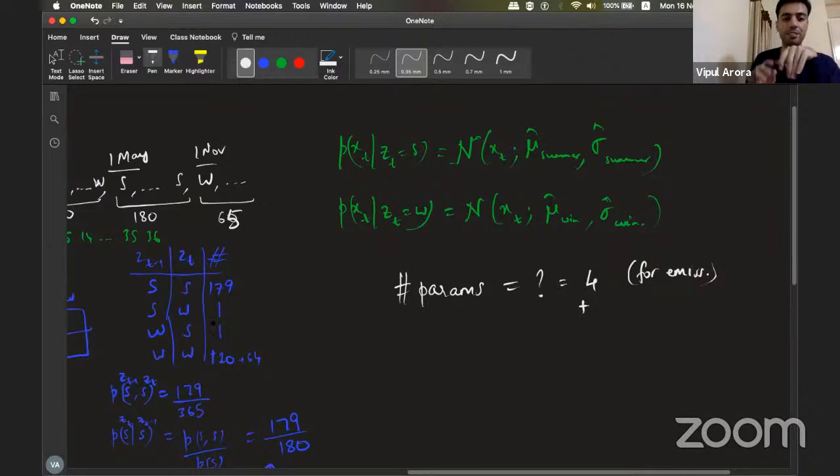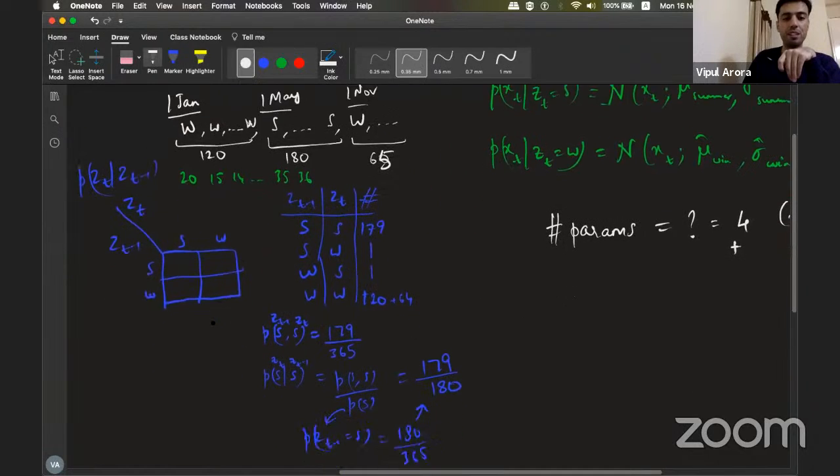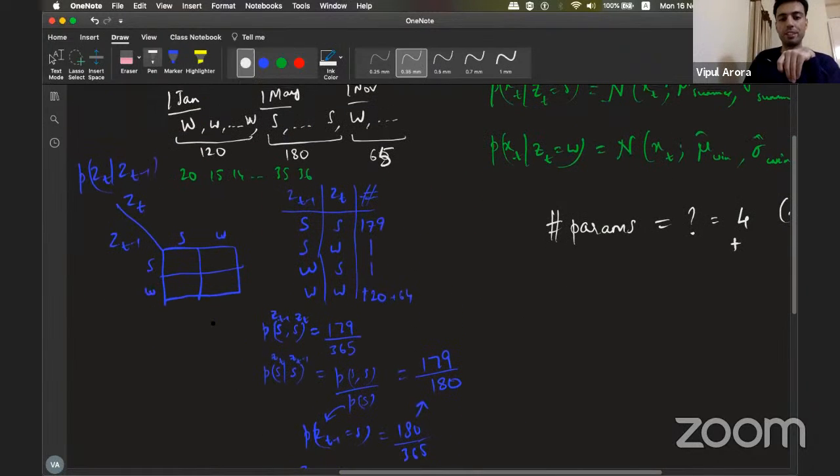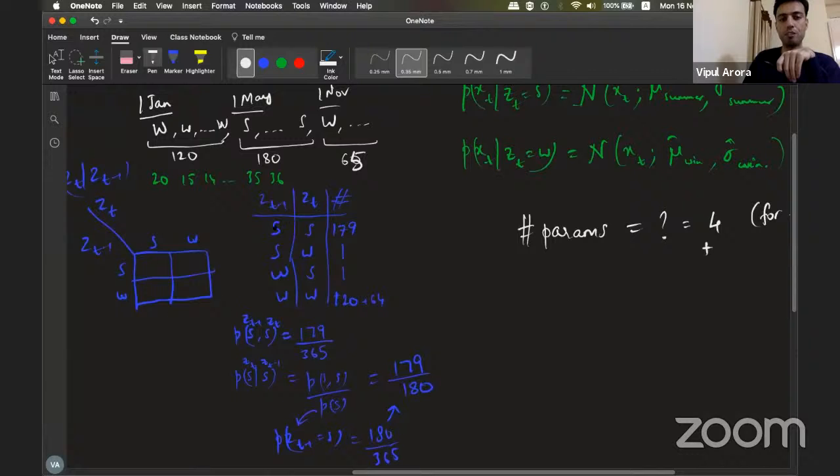For transition probability, how many parameters are there? Let's see who can answer. 3. Okay. Two. Okay.